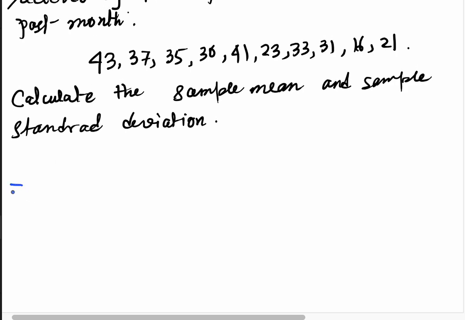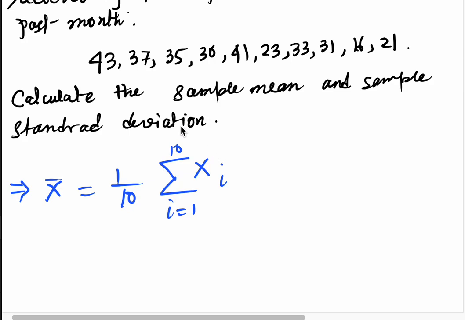Sample mean, x bar, simply means summation over all of these, so 1 over 10 summation over i equal to 1 to 10 of xi. So you have to add all these numbers. If you add all these numbers, we'll get 310.